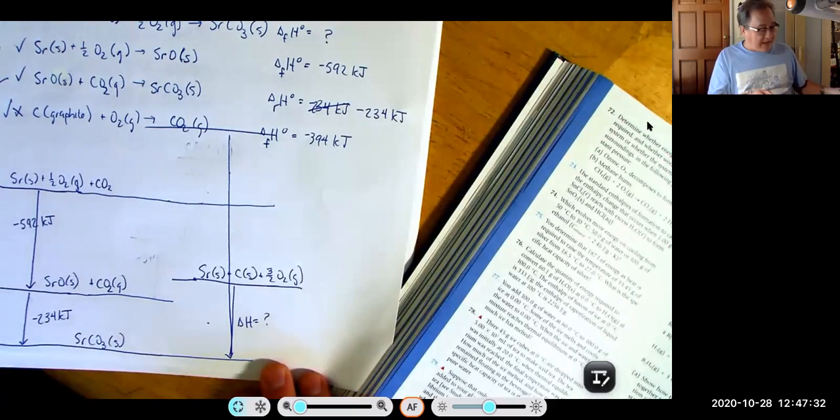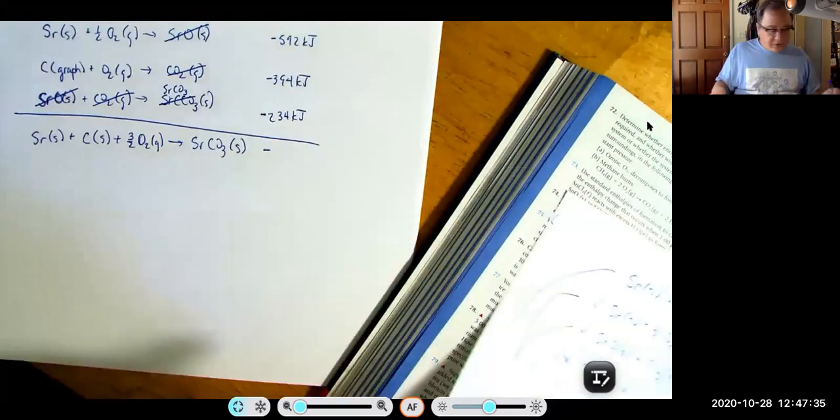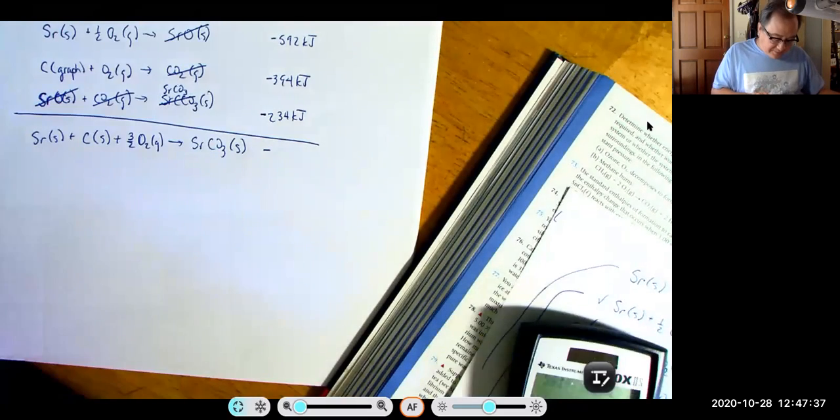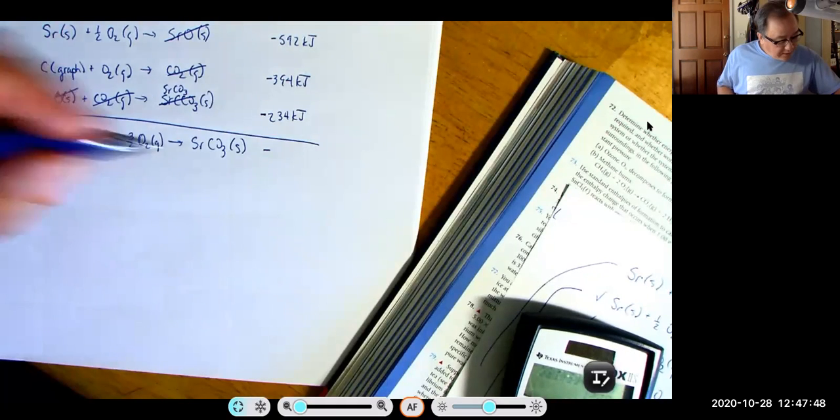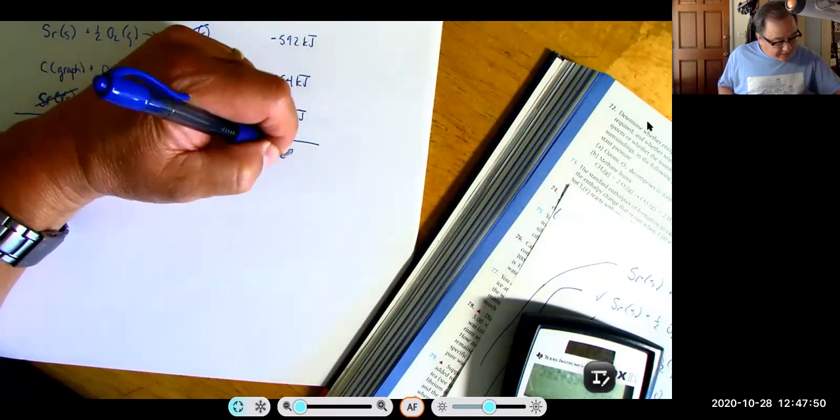And that's exactly what's happening. So here, when you add these three values up, 592 plus 394 plus 234, we get minus 1,220 kilojoules.